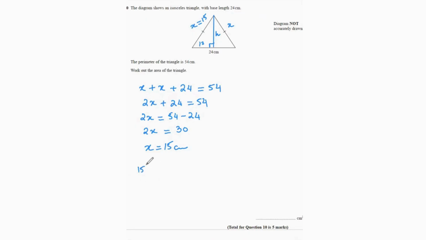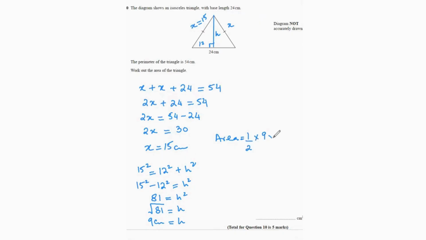So 15 squared, which is the hypotenuse squared, equals 12 squared plus h squared. 15 squared minus 12 squared equals h squared. That's equal to 81, and the square root of 81 is 9. So area is going to be 1 over 2 times 9 times 24. And that gives us 108 centimeters squared.